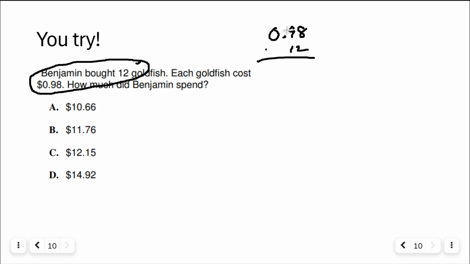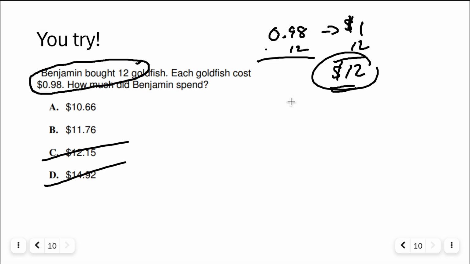If I spend just under $1 and multiply it by 12, there's no way I can get a number that's over $12, right? I'm not even spending $1 on 12 of these. So that's over $12. That's not right. That's not right. Okay? And now think about it. If I were to take 0.98 and let's say round it to 1, well, that would be $12 total.